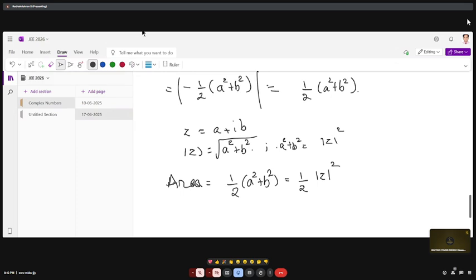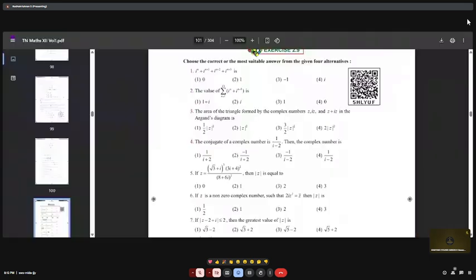So is there an option given for that? Half into mod z squared. Option number 1.